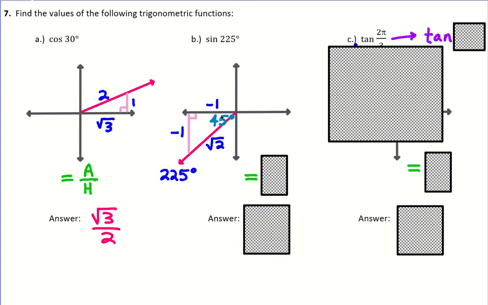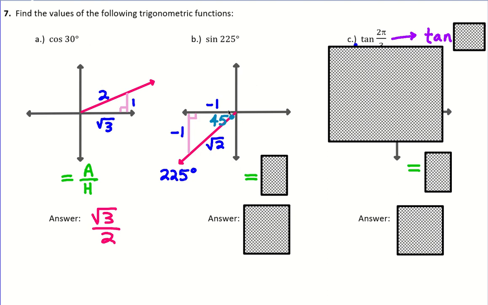You also have to know how to label the sides for this one, which is 1, 1, root 2. Or in quadrant 3, we have basically going in the negative x direction, so negative 1, and the negative y direction, and so a negative 1 over here in quadrant 3.